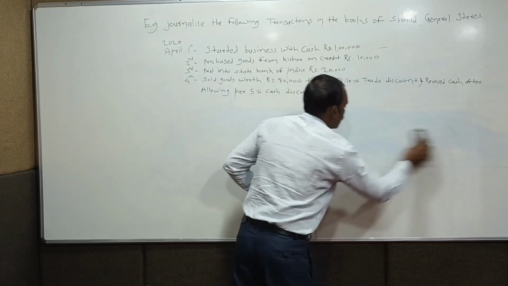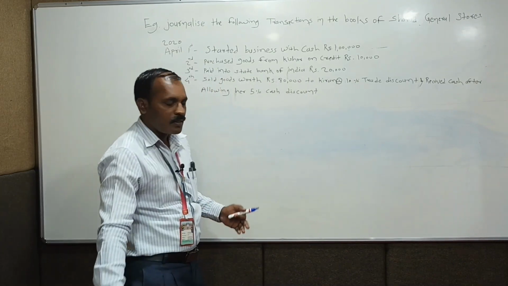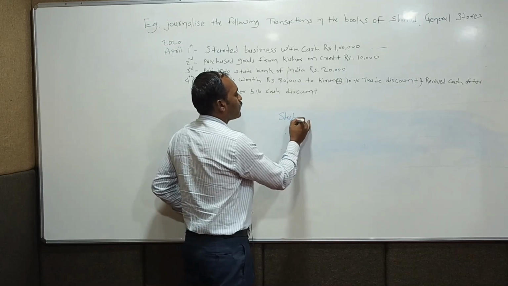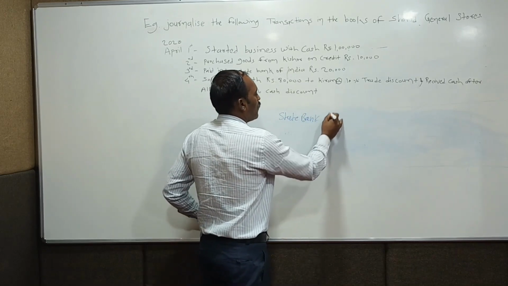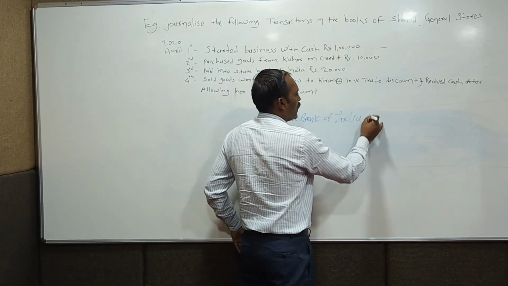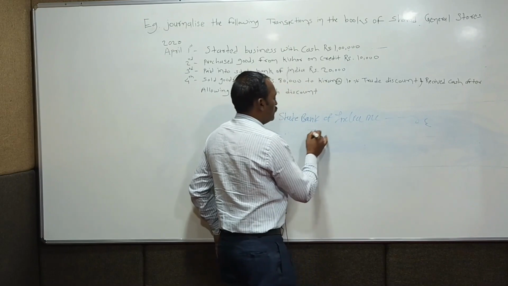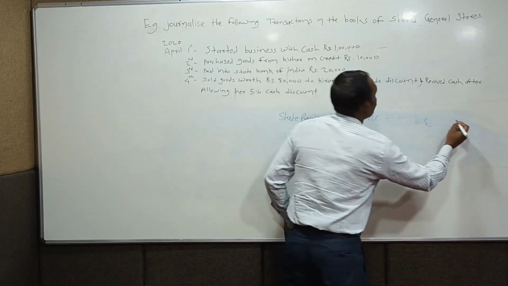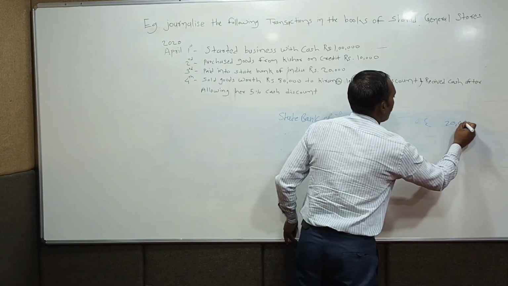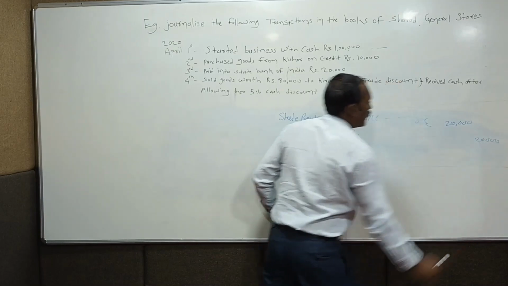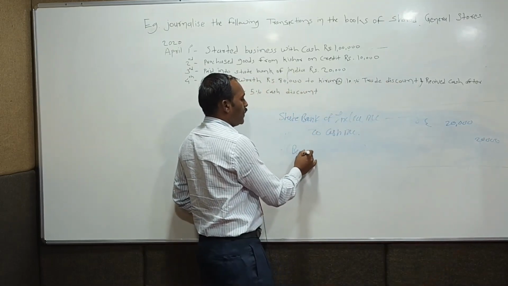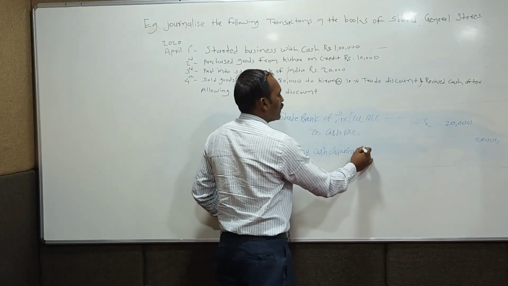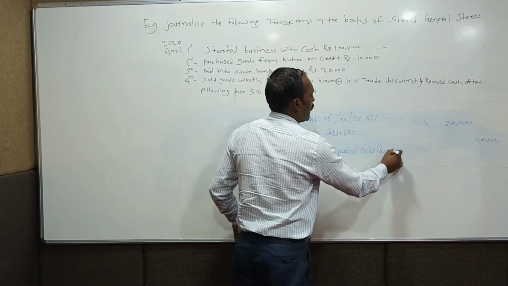So the transaction is recorded in the journal. First, State Bank of India account debit to cash account, amount rupees 20,000, and then the narration: being cash deposited into bank, and the bracket is complete.